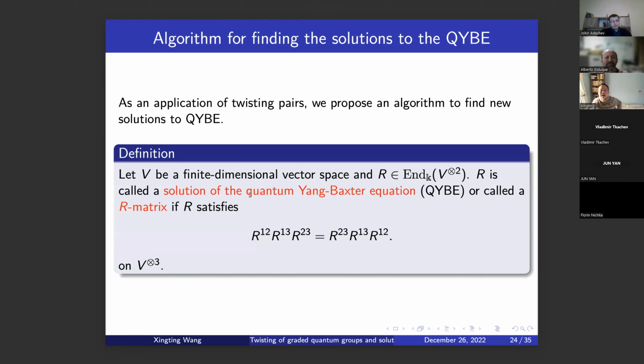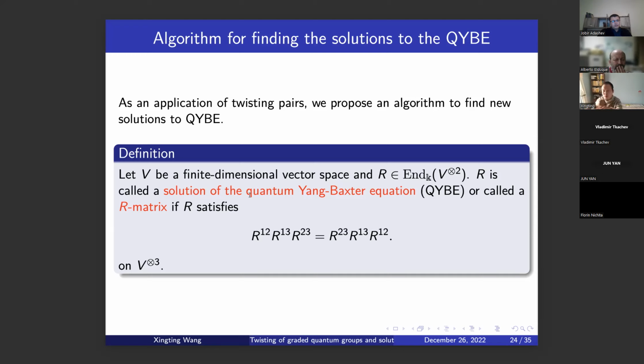Now I'm going to give you one example of twisting pairs for given solutions of the quantum Yang-Baxter equation. Let me first give you a quick review before I say the application. What is the quantum Yang-Baxter equation? It's equivalent to braided solutions.